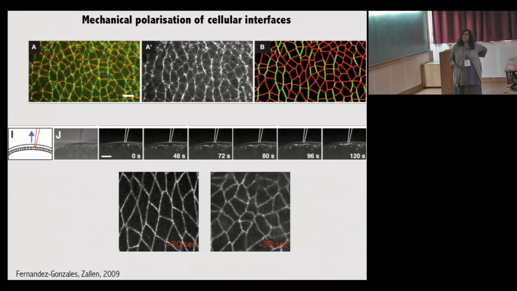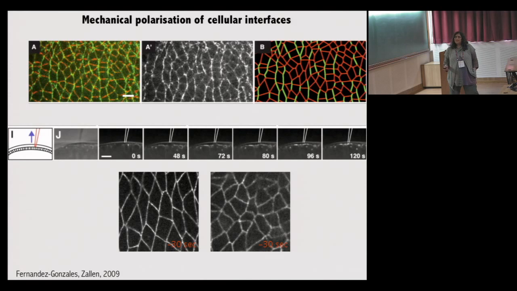What I essentially mean is that if you could measure the tension at each type of interface, you would find that the tension at the DV-oriented interfaces is different from the tension at the AP-oriented interface. So how would you measure that? You would measure that in the kinds of experiments I'll show you here, which is to use a laser to make a nanometer size nick in one of these interfaces.